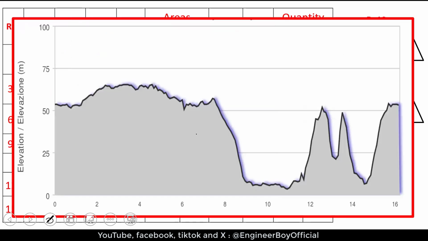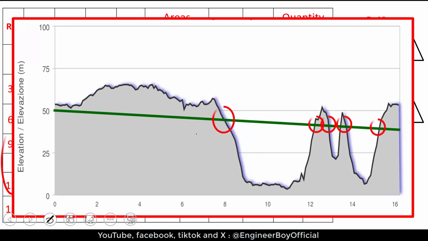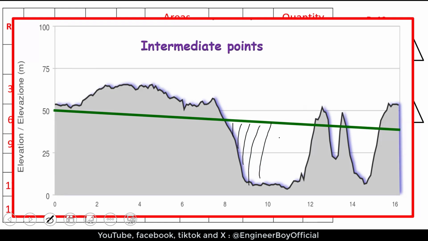So let's represent that graphically so you can understand it better. Let's say this green line is the formation level, and you can see the NSL, okay? Now here, these circled points are known as the intermediate points because there we have no cutting and no filling. As you can see, here this is just filling.